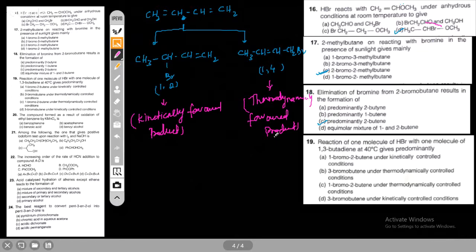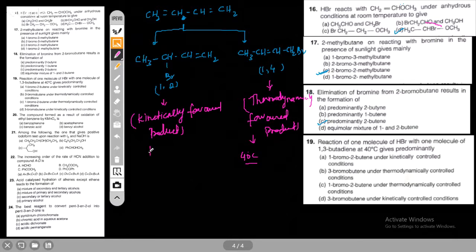Now this kind of product is possible under vigorous conditions. Vigorous condition means when the temperature is high, as given over here, which is 40 degrees Celsius. When the temperature is more, then the thermodynamically favored product is possible.